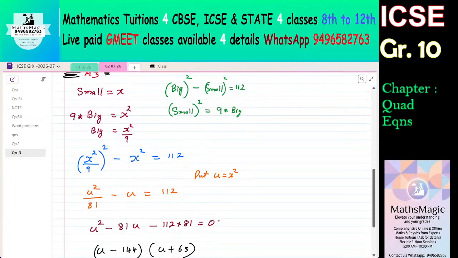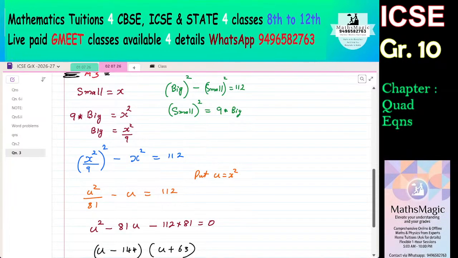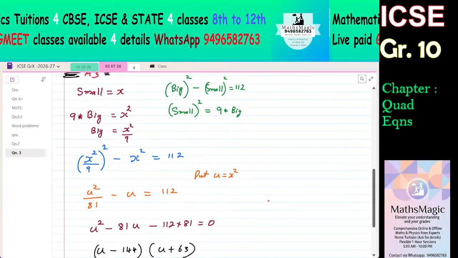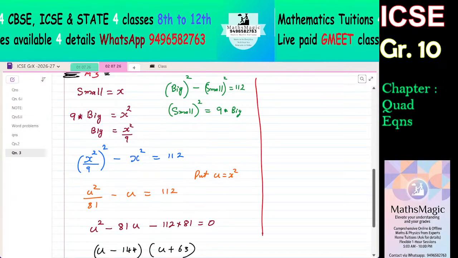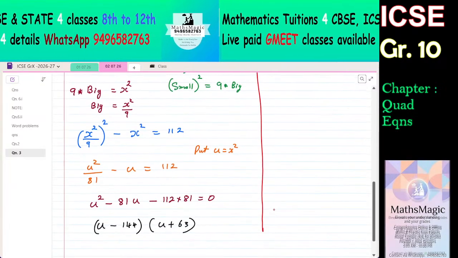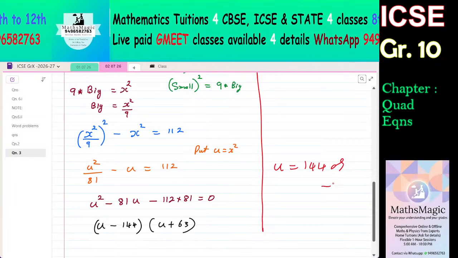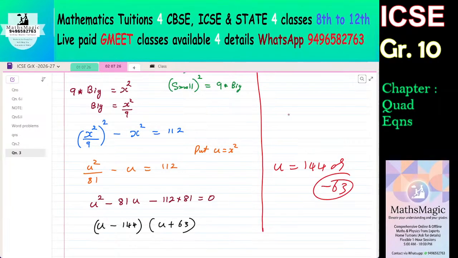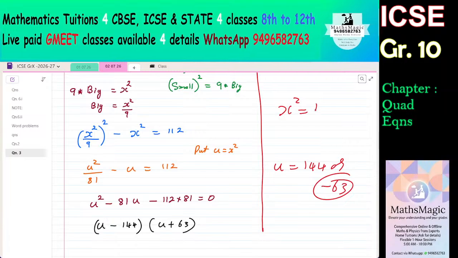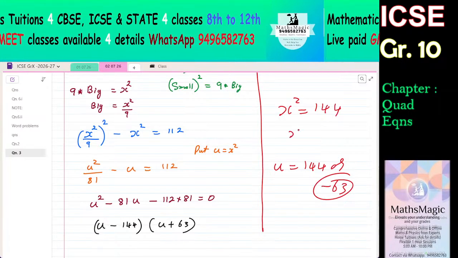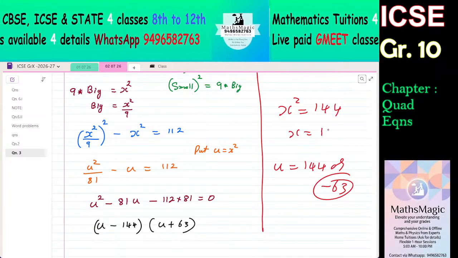This also you will get like this, and here you will get u as 144 or negative 63, but negative cannot be taken. x squared is 144 and x can be taken as 12.